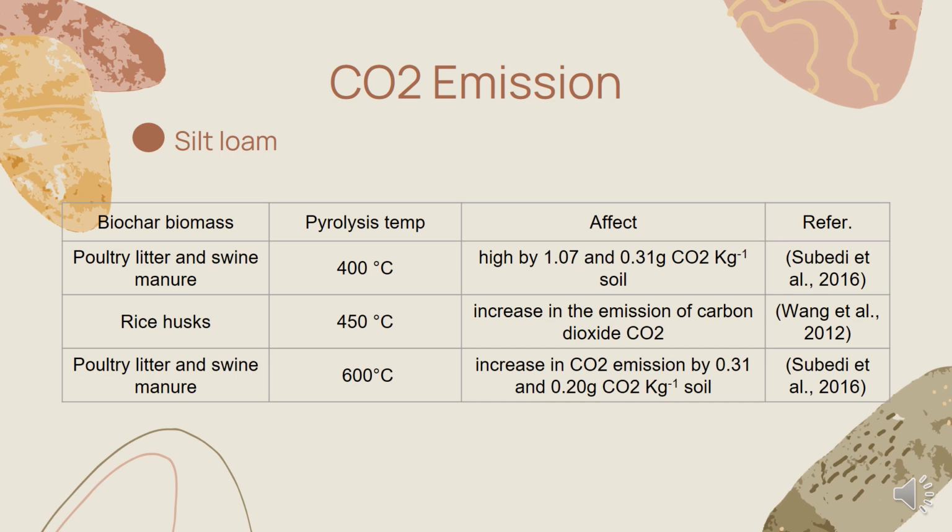And from the table on the slide, we can see that the emission of carbon dioxide decreased as the pyrolysis temperature increased. So, the highest emission was at low pyrolysis temperature, which is 400 Celsius, and the lowest emission was at high pyrolysis temperature, which is 600 Celsius.